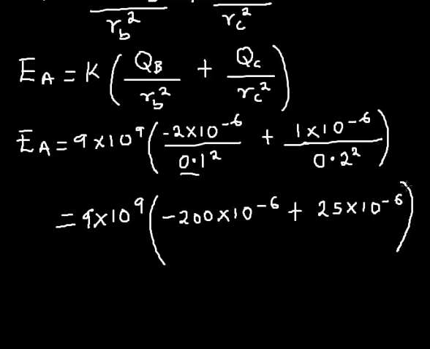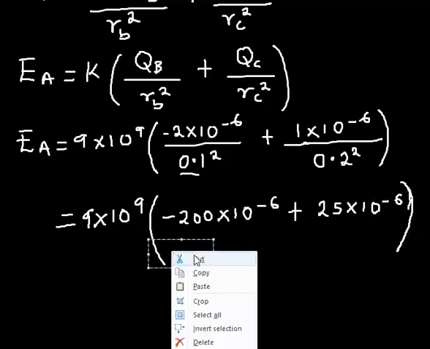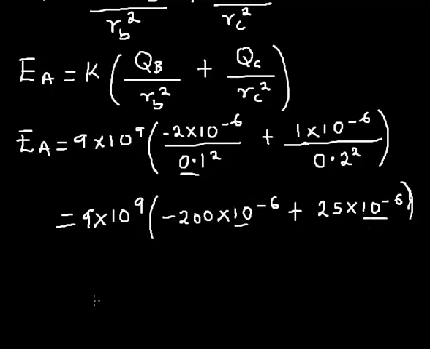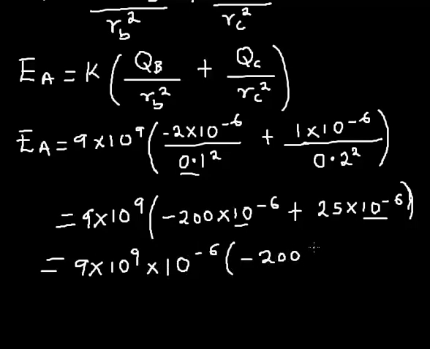My bracket is too long, so let me shorten it. 10 raised to the power minus 6 is also a common factor. I'll take it out. So I'm having 9 times 10 raised to the power 9, then times 10 raised to the power minus 6, another common factor, bracket opened, minus 200 then plus 25.